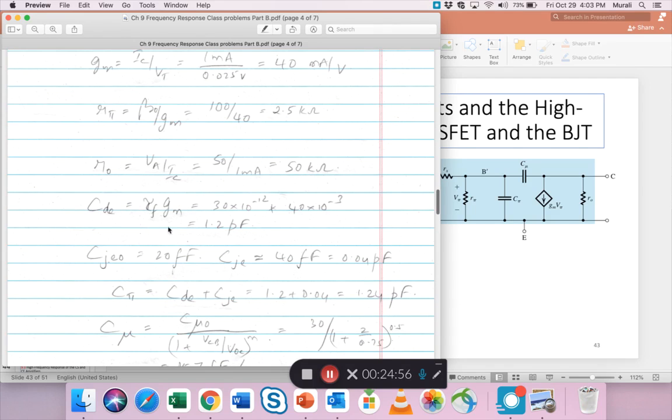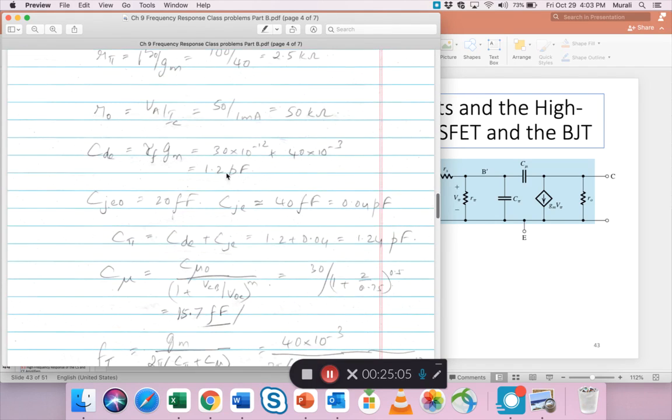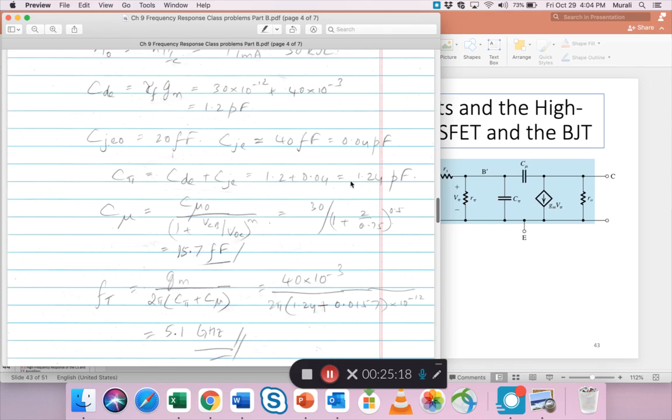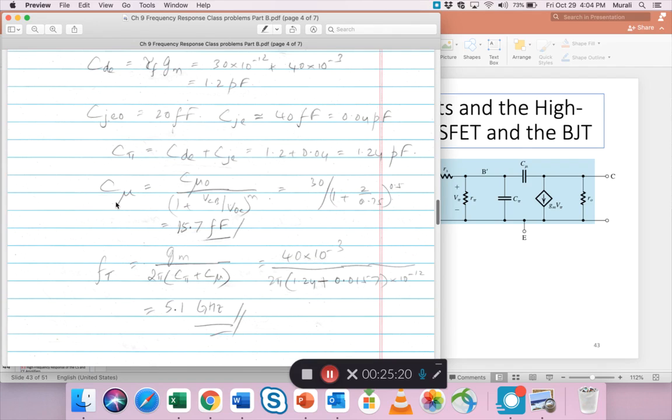Now CDE is again the product of tau f and gm. tau is given, gm we just found here. So you multiply that, you get 1.2 picofarads. CJE0 is given. So CJE is twice of this, which is 40. C pi is the sum of these two things, so that's 1.24.